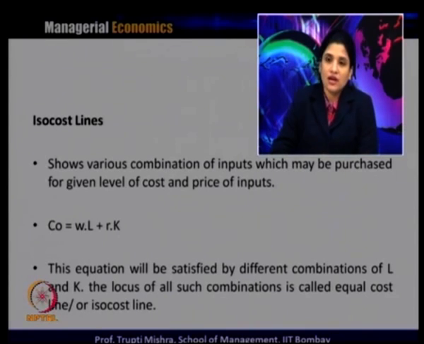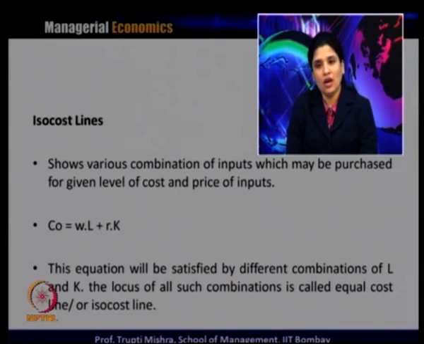So, C0 is nothing but the cost associated with the inputs. The equation will be satisfied by different combinations of labor and capital, and the locus of such combinations is called the equal cost line or the isocost line.